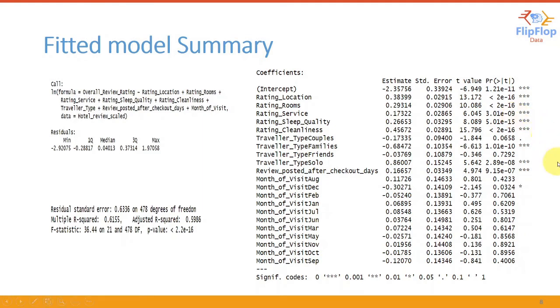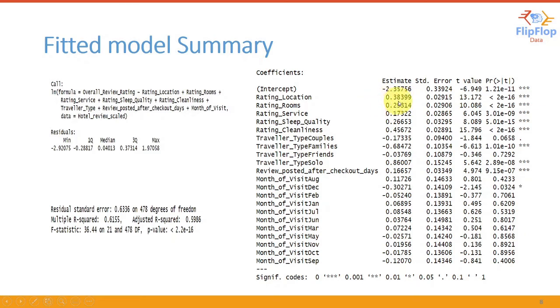So now comes how we interpret the estimates or the coefficients. For example, consider rating location, which is positively associated with overall review rating. We can see the estimate is positive.